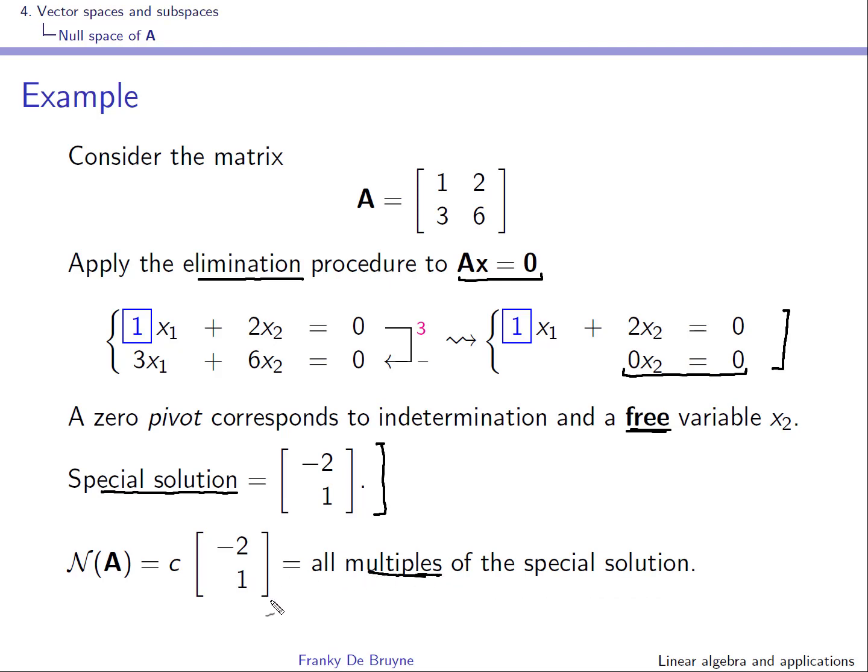Here you have all vectors that are a solution of this equation Ax equal to 0. This would be the same thing as if you said x2 is equal to c over here. You plug it into this equation and then x1 is equal to -2c. Okay, you see this. So we'll work with special solutions and then take linear combinations of these special solutions.